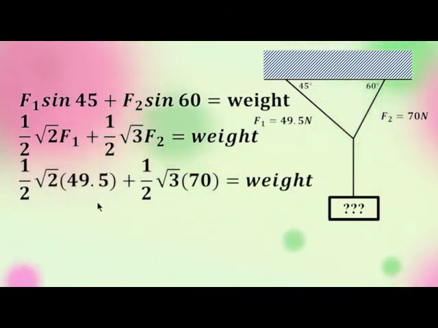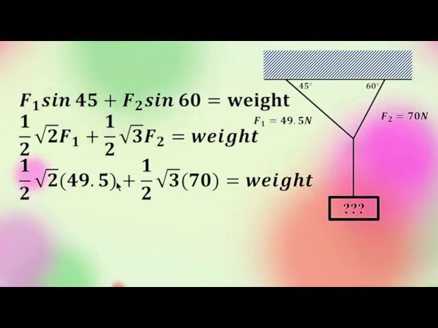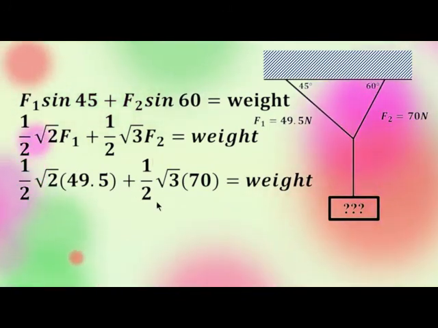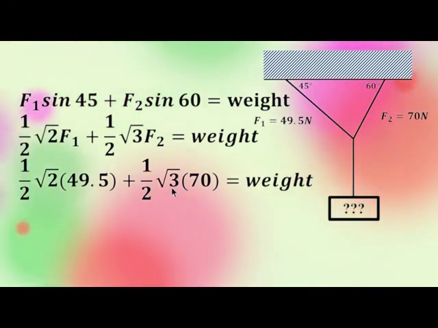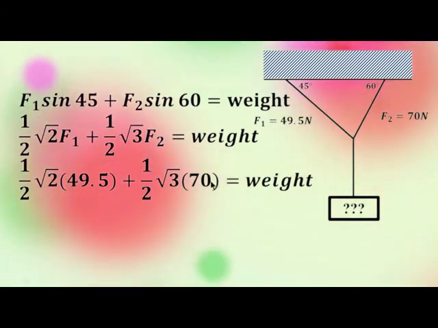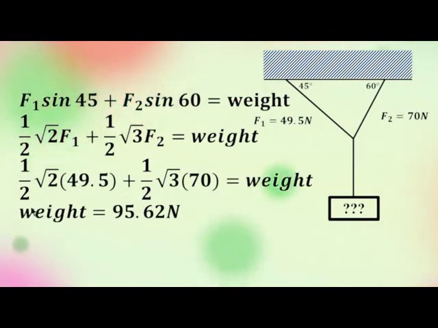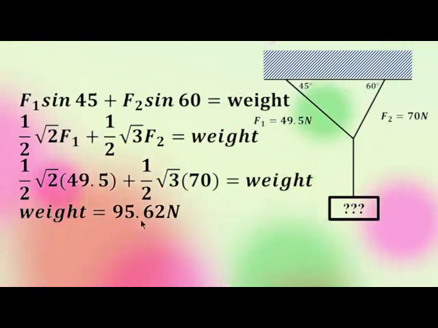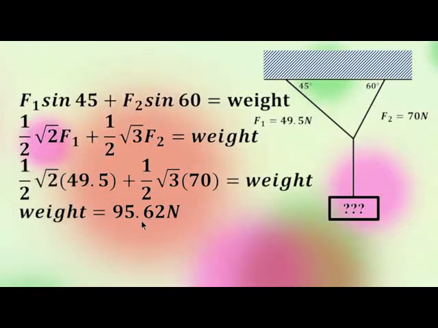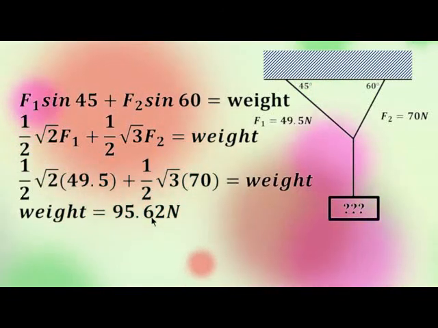So the weight equals a half square root of 2 times 49.5, the value of F1, plus a half multiplied by square root of 3 times 70, the value of F2. By calculator, you will find that the weight that can be suspended if one of them is at the maximum tension of 70 is 95.62 newtons. That is the maximum weight that can be suspended.